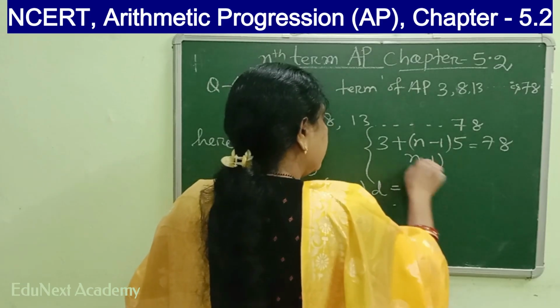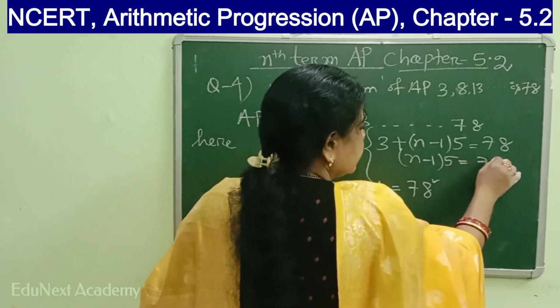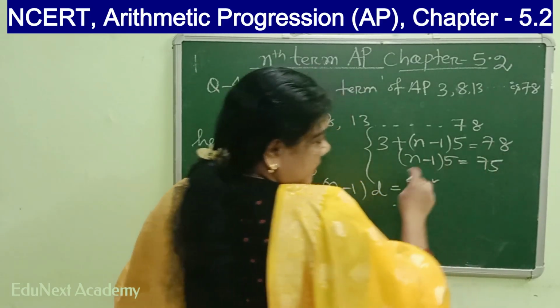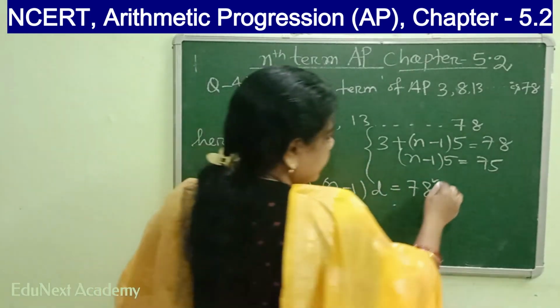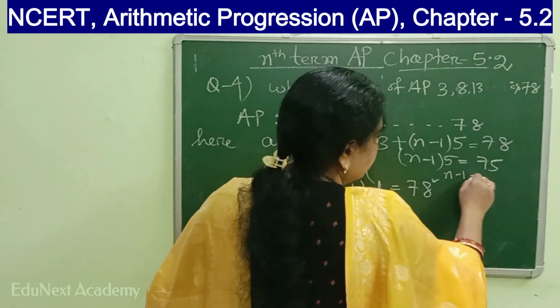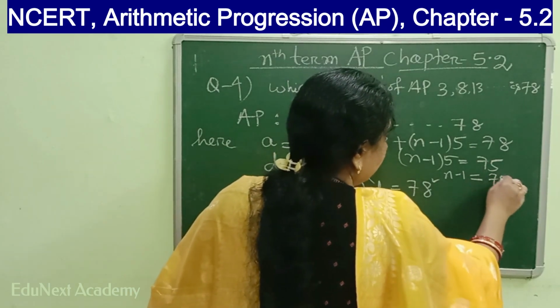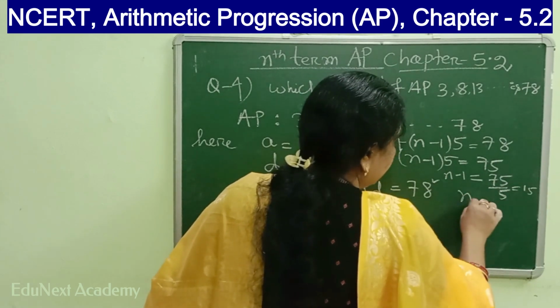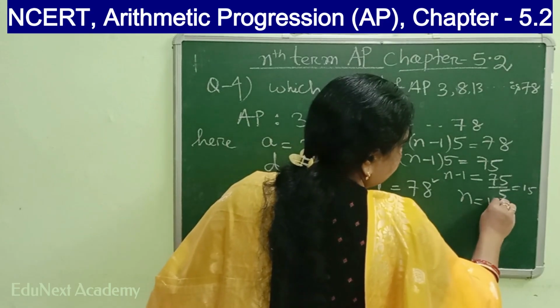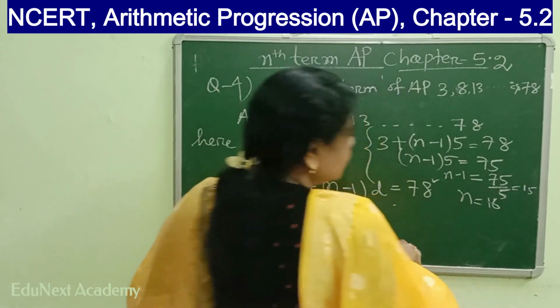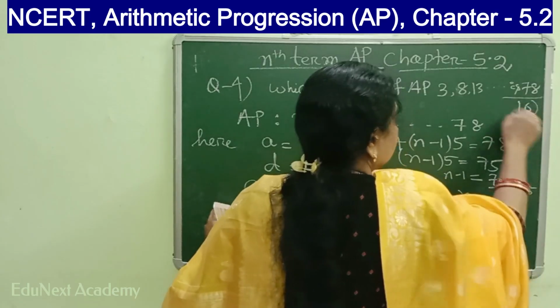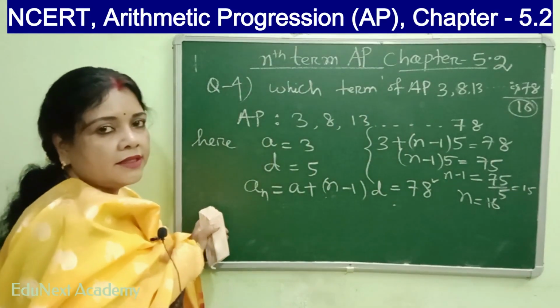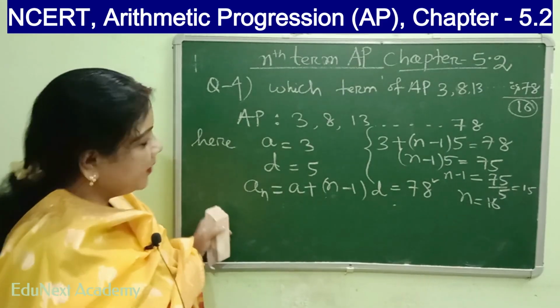Now (n minus 1) into 5 is equal to 75, by taking the 3 to that side. So n minus 1 is equal to 75 by 5, that is 15. So obviously n is equal to 16. So at the 16th term we will get the value 78.